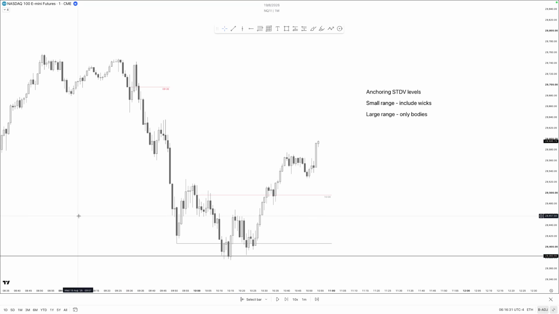Next up then, I'm using another confluence to actually project my low of day level, right? So like I say, this line here is what we've already discussed, the daily wick CE, the 4-hour wick CE, and the 1-hour OB, and also the CE of that level, right?